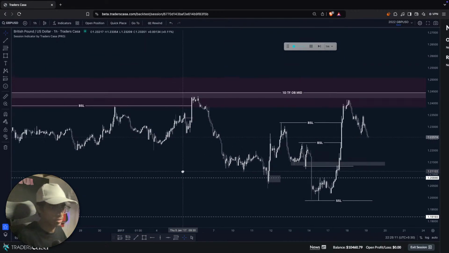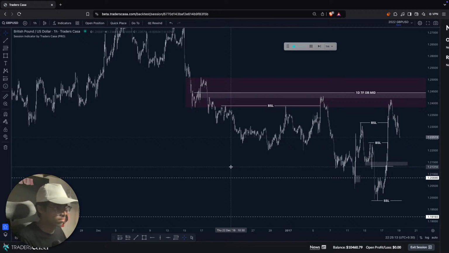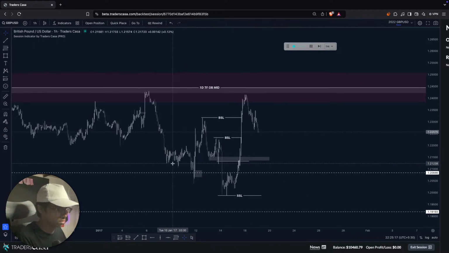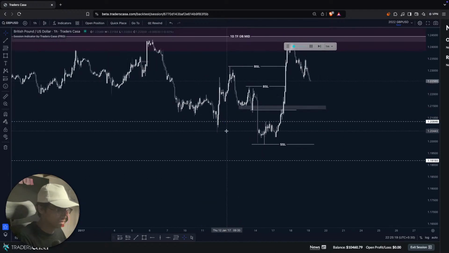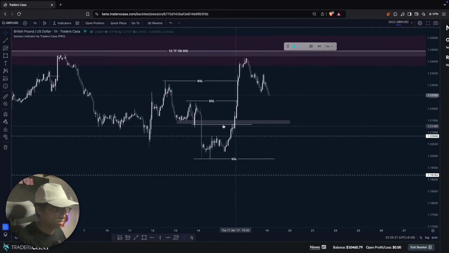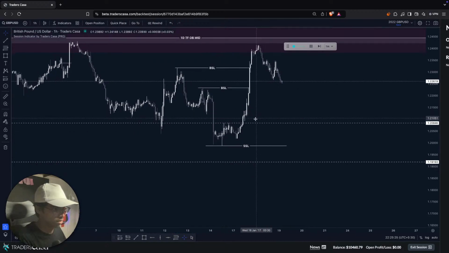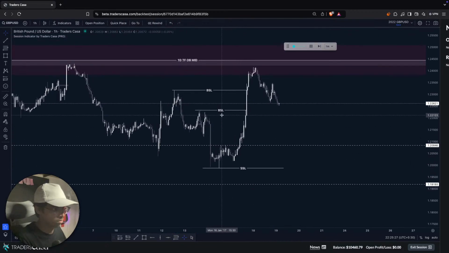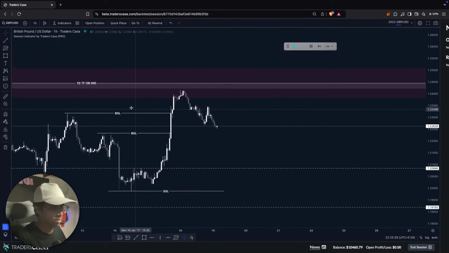Let me just delete some unnecessary lines. Unnecessary line, again unnecessary point, so side by side level.